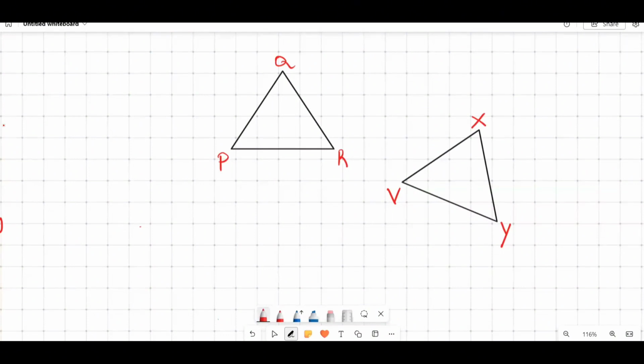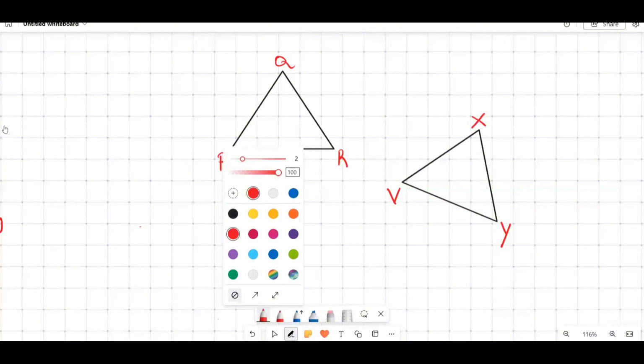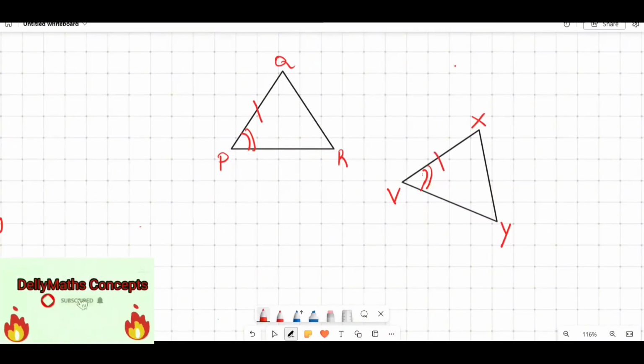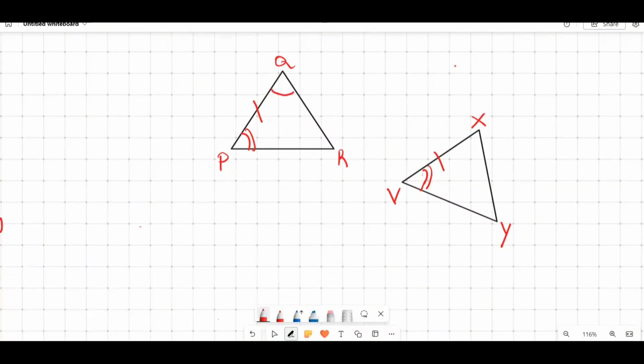Let's say we're given that the angle at P is congruent to the angle at V. Also, side PQ is congruent to VX, and the angle at Q is congruent to the angle at X. If we take a look, we're seeing an angle, a side, and an angle that is congruent to another triangle's same angle at V, side VX, and another angle at X.